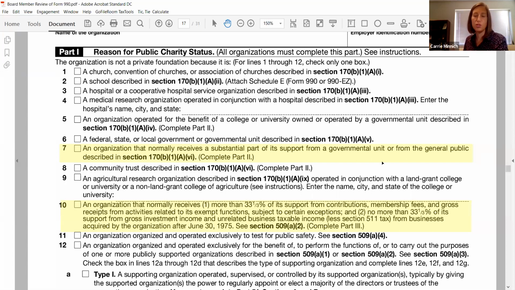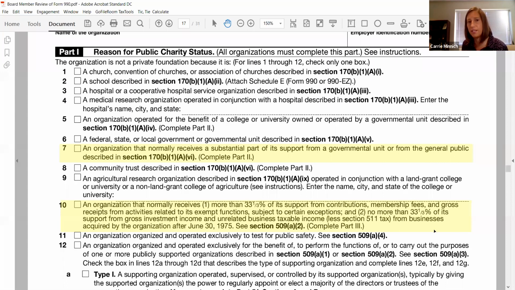So you're getting contributions and grants from foundations, individuals, corporations, government. Or on line 10, you get a lot of contributions, but you're also getting some kind of fee for service, whether it be membership fees or program service fees, some other type of fee for service. So number 7 and number 10 are the two most common reasons that nonprofits receive the public charity status.